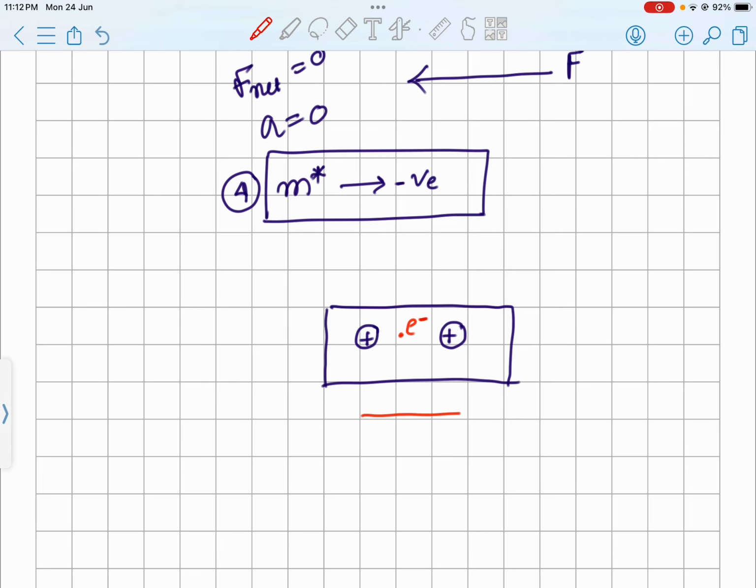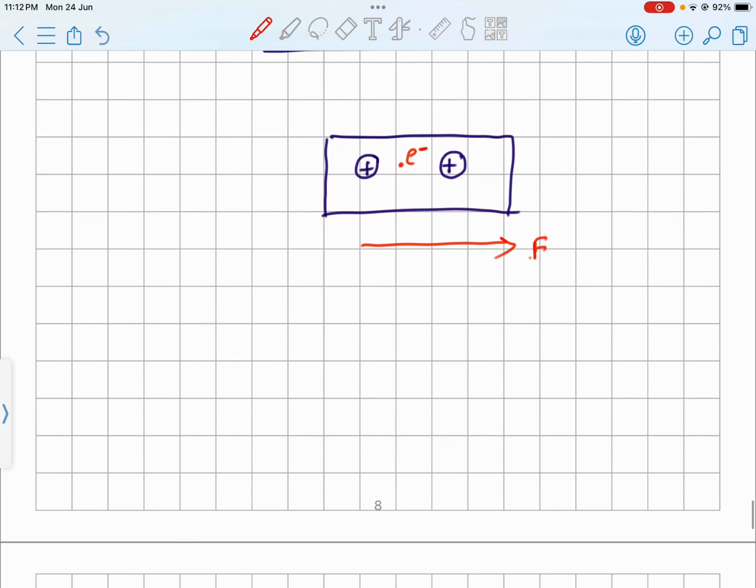Now if we put external electric field here, then what will happen? We know F equals QE. Okay, now as it is electron, so charge will be negative, so F and E will be in the opposite direction.